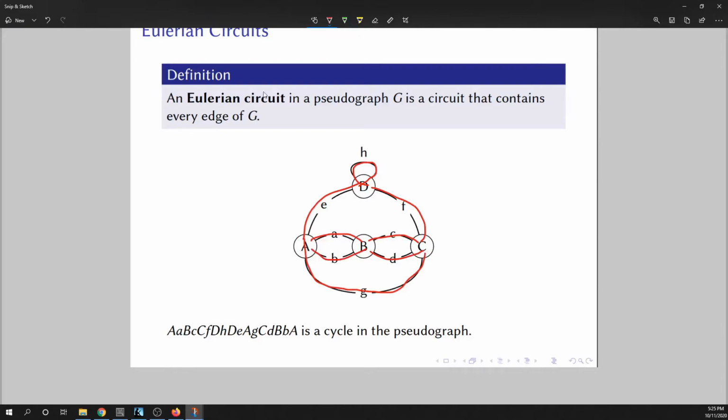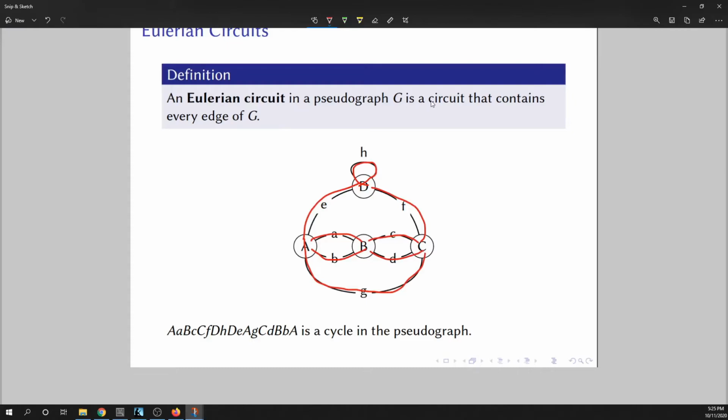All right, so this is an example of an Eulerian circuit, right? We started at vertex A, we ended at vertex A, so that makes it closed, right? And we didn't use any edge more than once. That makes it a trail, right? A closed trail is a circuit.